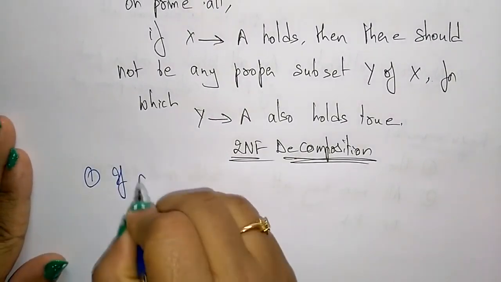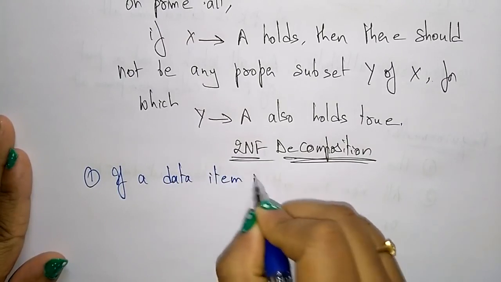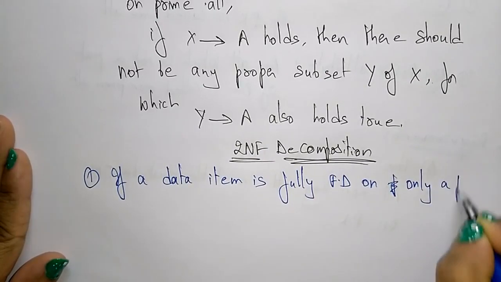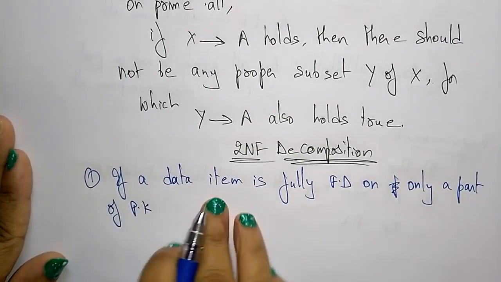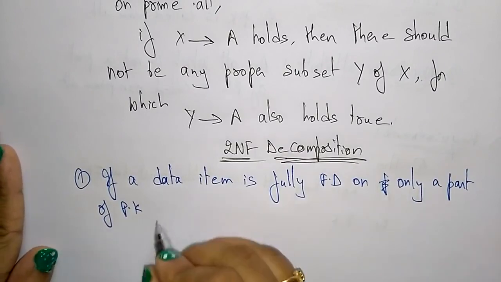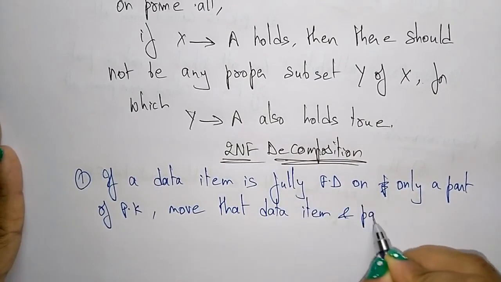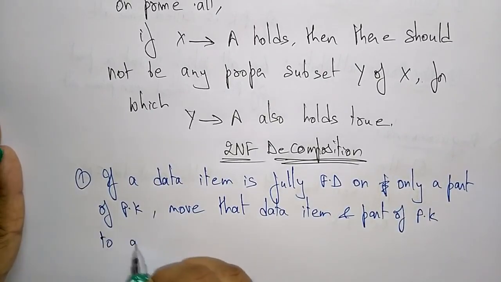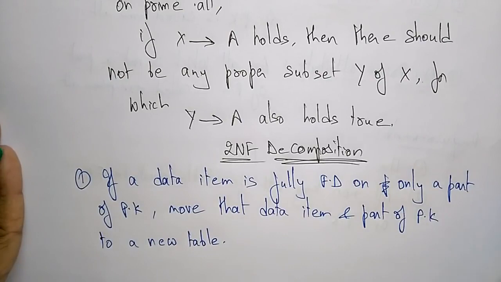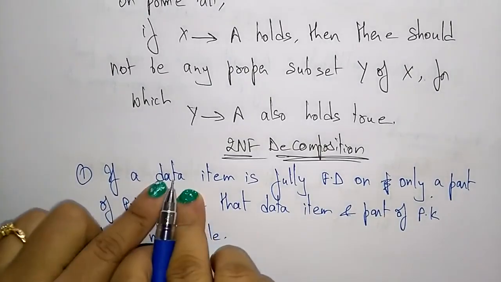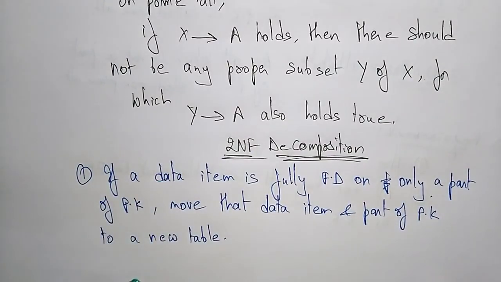The first step: if a data item is fully functionally dependent on only a part of the primary key, then move that data item and that part of the primary key to a new table. This is the first step you follow while decomposing a relation into 2NF.